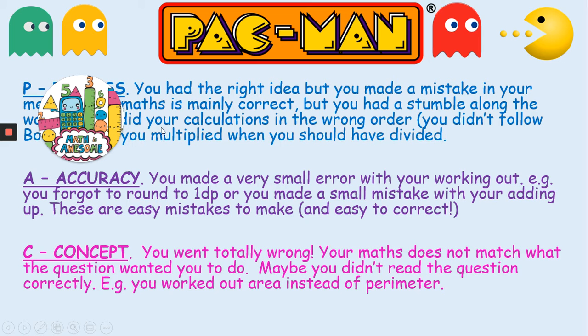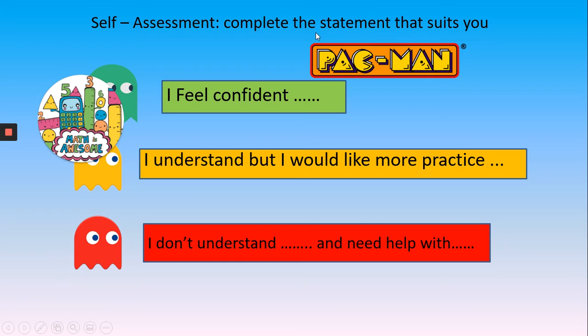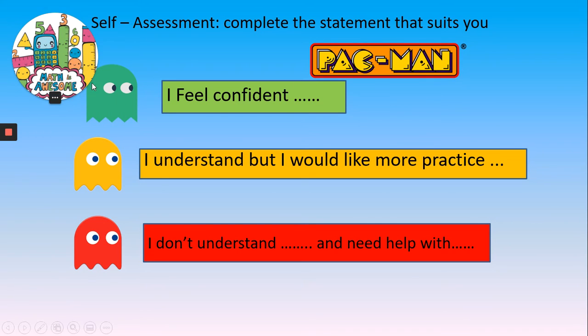I would also like you to do a little self-assessment. So I want you to think about the topics that we have done and choose one topic that you feel really confident with. So for example, if you feel really confident with straight line graphs, linear graphs, write that. I feel confident with linear graphs, or I feel confident solving inequality.